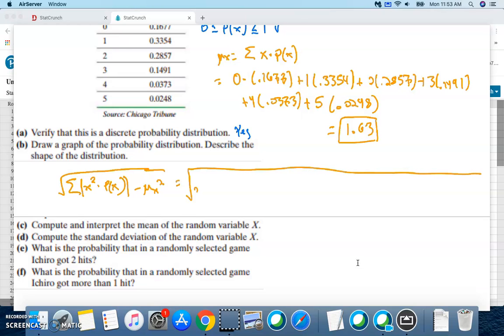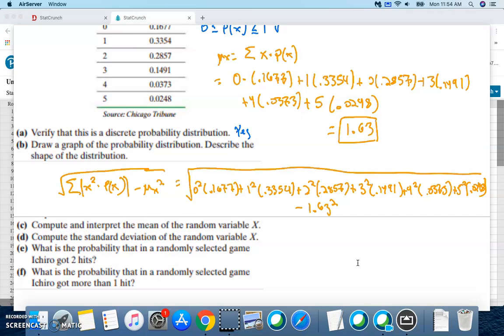You'd have 0 squared times the probability of 0, which is 0.1677, plus 1 squared times its probability, 0.3354, plus 2 squared times its probability, 0.2857, plus 3 squared times its probability, 0.1491, plus 4 squared times its probability, 0.0373, plus 5 squared times its probability, 0.0248. Then you would minus from all that 1.63 quantity squared.